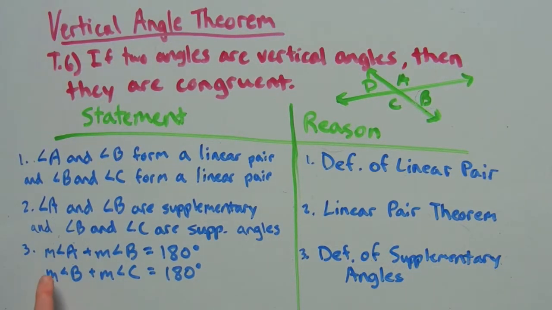So now we can say that the measure of angle A plus the measure of angle B equals 180 degrees, and the measure of angle B plus the measure of angle C equals 180 degrees. And that's by the definition of supplementary angles.